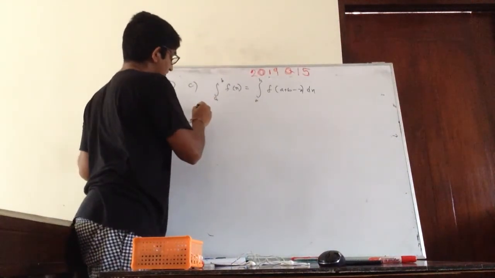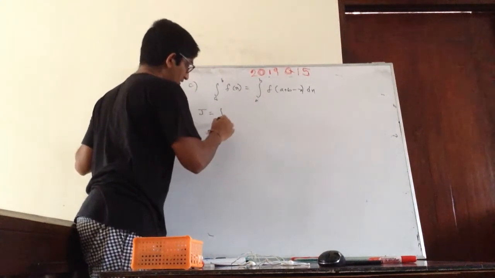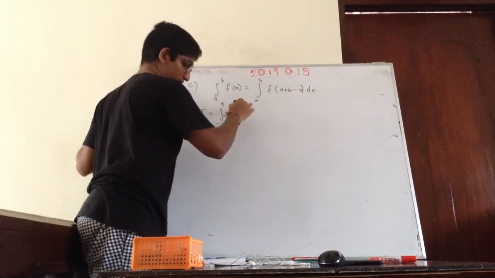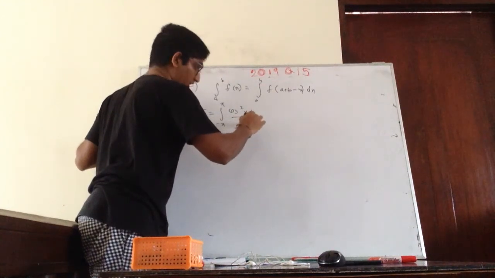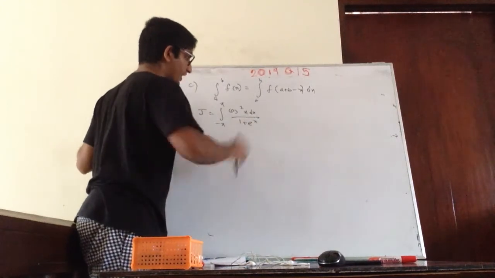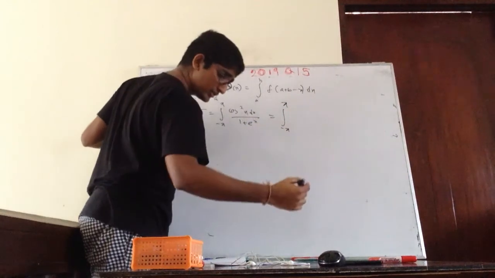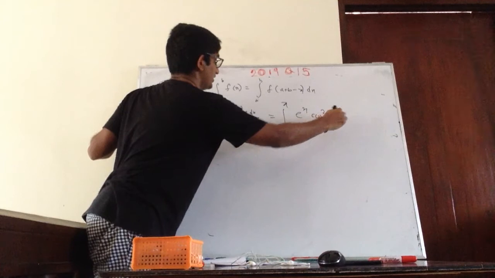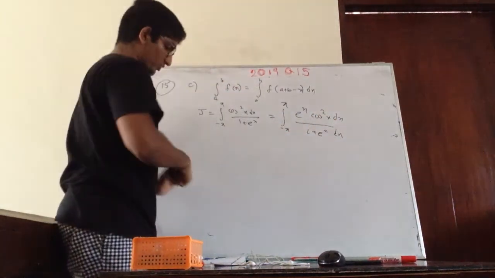So I'm going to take this new thing as J, integral from minus 5 to 5 of cos squared x over 1 plus e to the x dx, we need to show that it is equal to integral of e to the x cos squared x over 1 plus e to the x dx. Right, so this is what we need to show.